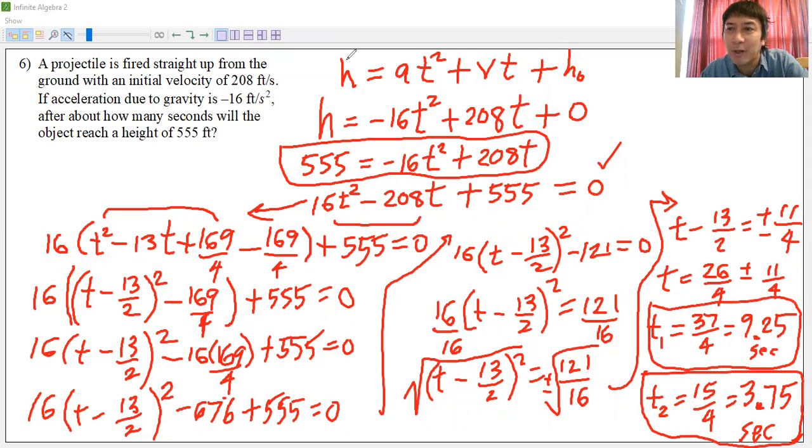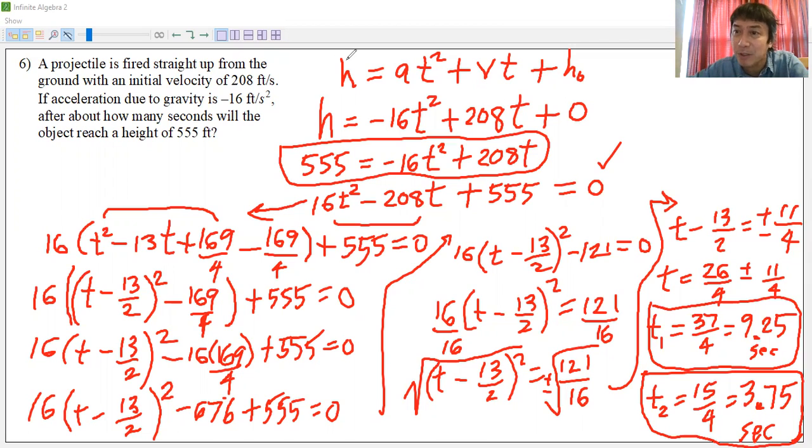Okay, remember when you throw up a projectile, it goes up and then it reaches its maximum and then it goes down, okay? So it will be twice located at 555 feet. Once going up, it will be at 555 feet, and then it goes up to the maximum, and then it goes down back to the position of 555, okay?